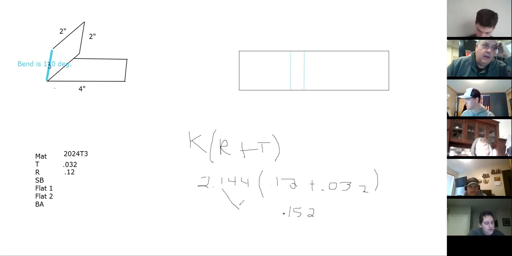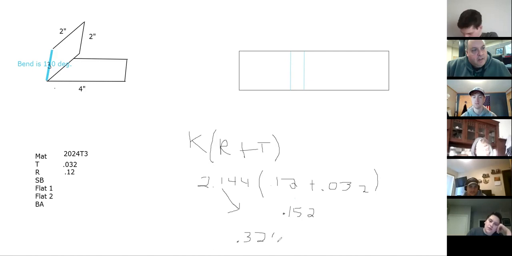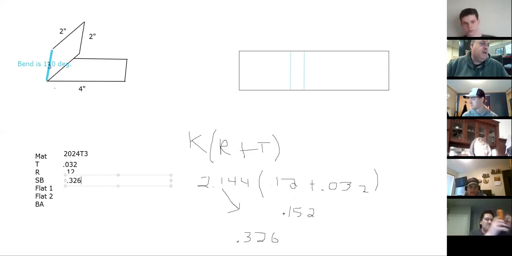Correct. And what will that give us? So we'll do 2.144 times 0.152, and what do we get for an answer? 0.326. So what will our setback be? 0.326. Perfect. Good job.